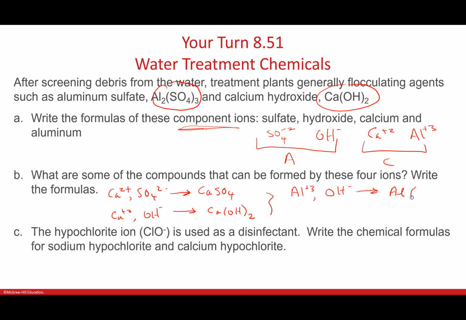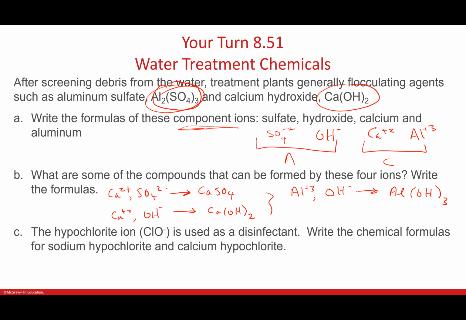I need 3 hydroxides. Yep. I call it crisscrossing. And that might be it, because the other one, aluminum sulfate, I've got up here. I should have had that one. Anyway.